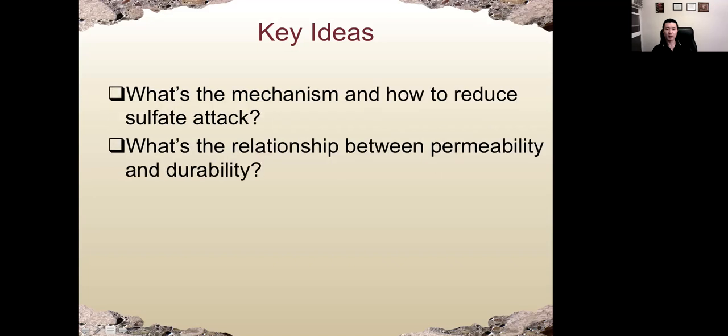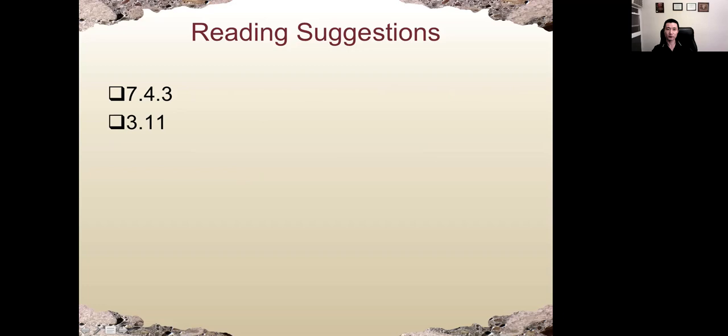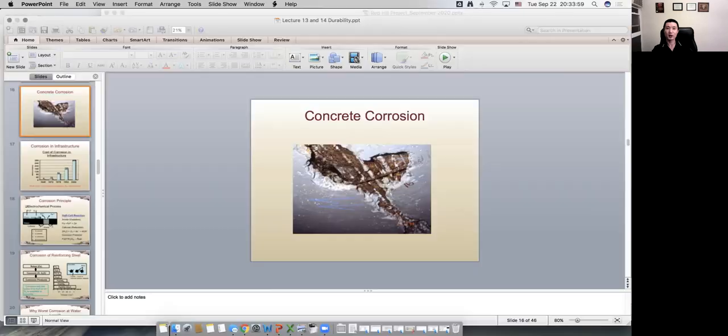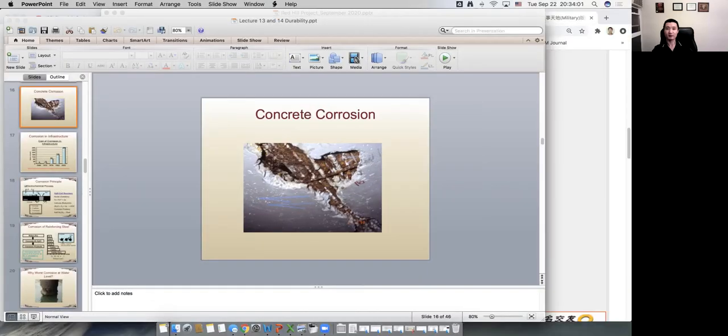Remember the different types of chemical reaction for surface attack. And what is the relationship between permeability and concrete durability? Remember, permeability is the number one factor controlling durability of concrete. And that's the end.